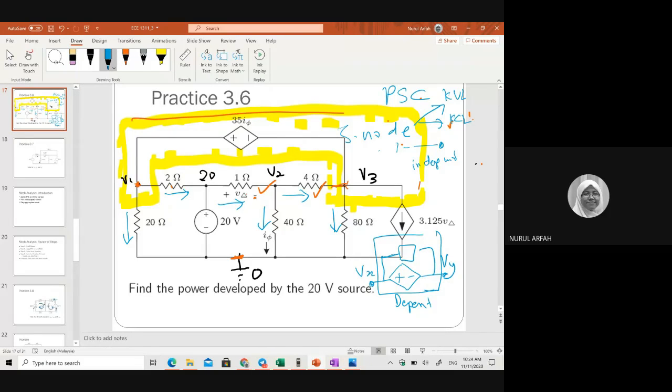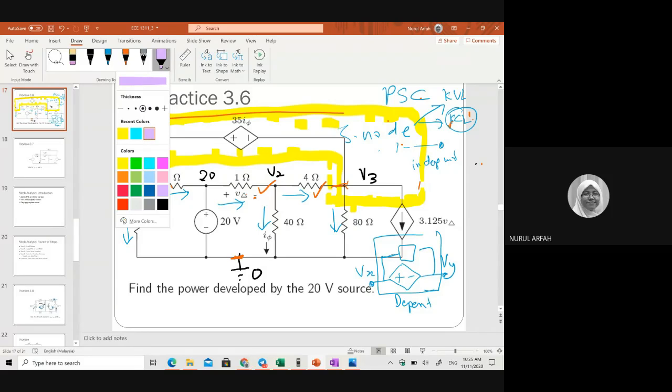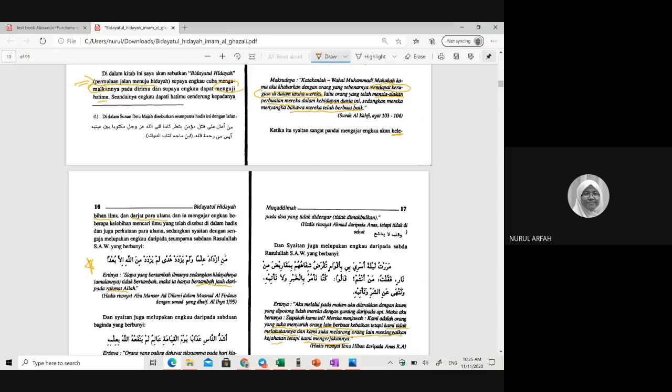So the KCL here is that you have current entering and leaving the boundary. So how many currents enter and how many leave? Okay, how many enter the boundary? I will ask the next student in line. Okay, count quickly first.